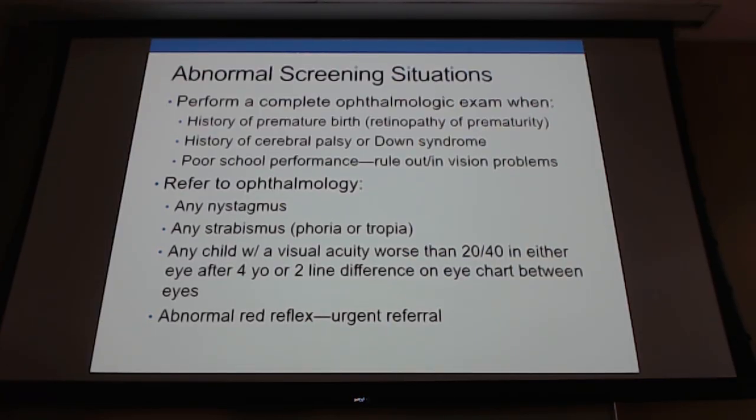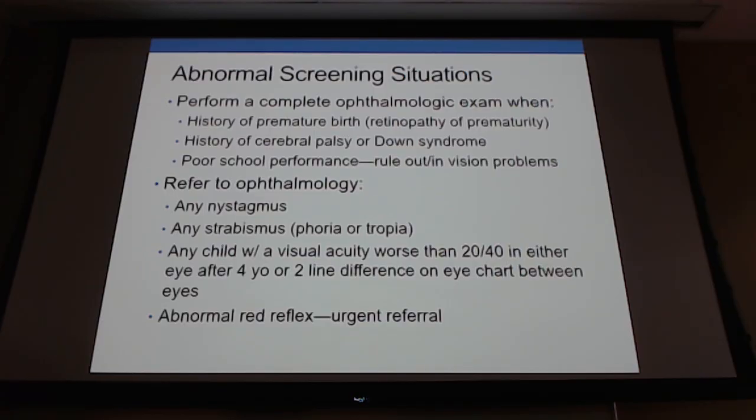So this doesn't necessarily mean that you're doing the exam, but ophthalmology is on board for that. The history of cerebral palsy or Down syndrome, again, what are the things that Down syndrome have? We talked about one of them today. Cataracts. What was the other thing that kids had? Grayish spots in the eye. What was it called? I heard it. Cornwall spots? Brushfield spots. Yep, those are Brushfield spots.